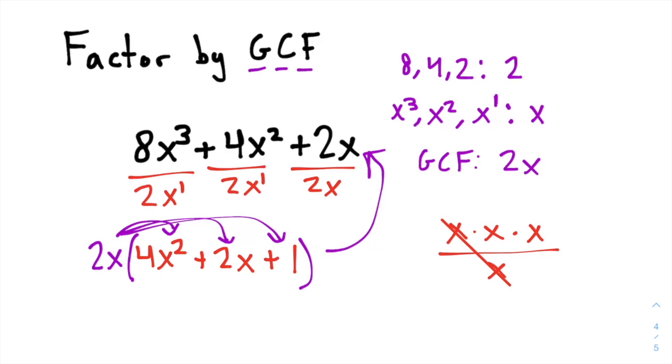So that's a way you can check that you did your work correctly. Factoring and multiplying are kind of two opposite operations. They cancel each other out. So what we've done is we've factored out the greatest common factor. If we multiply it back in, we'd get right back to where we started.